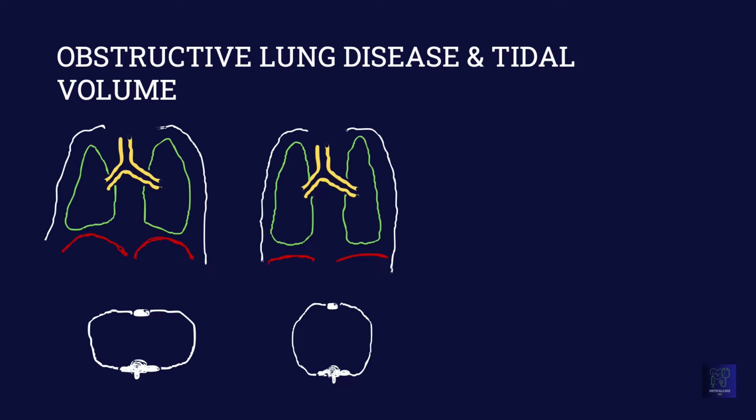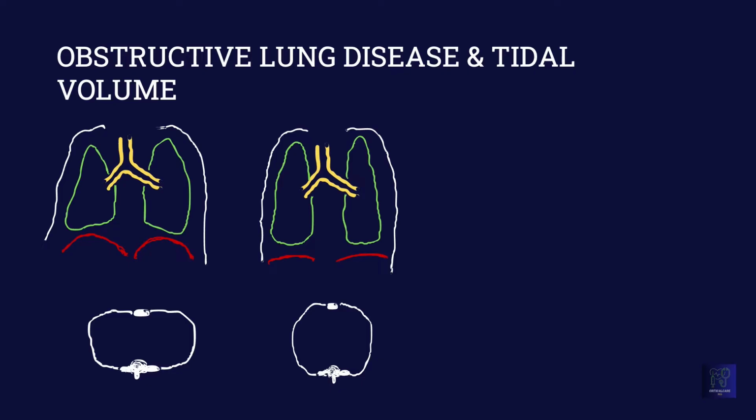Now let's see what happens to tidal volume in COPD. Two important concepts to understand are gas trapping and hyperinflation. So patients with obstructive lung disease, especially patients with COPD, have difficulty exhaling the air due to airway narrowing or airway obstruction. So what happens is, over time, as the disease process is worsening, they can't fully empty their lungs.